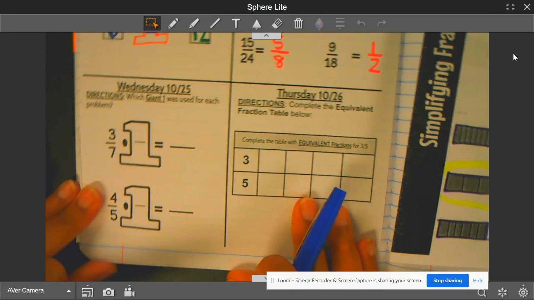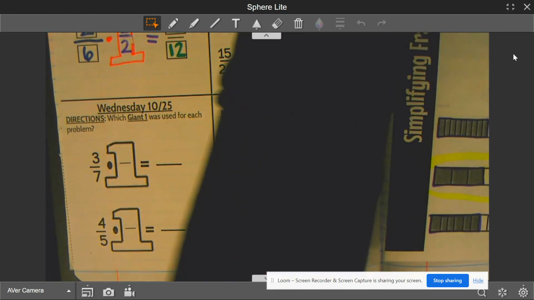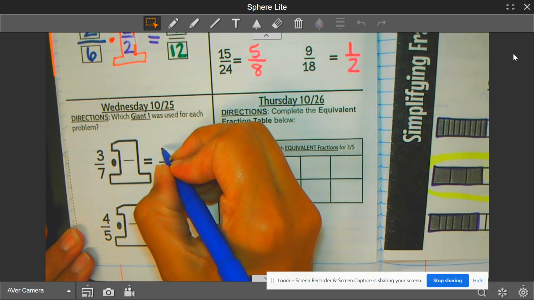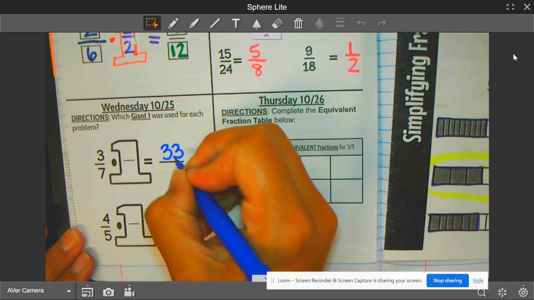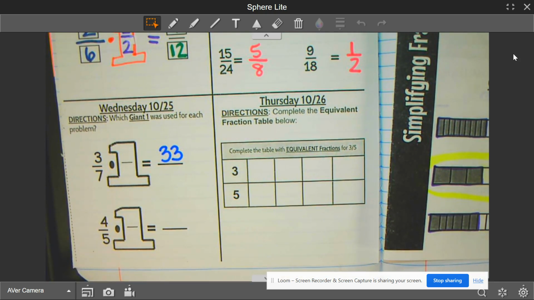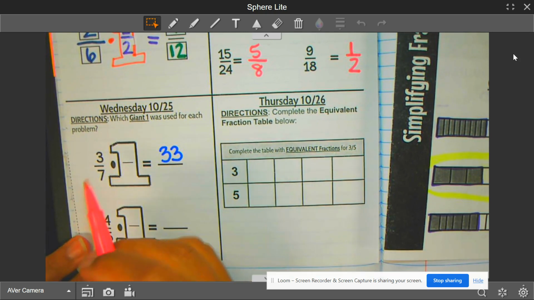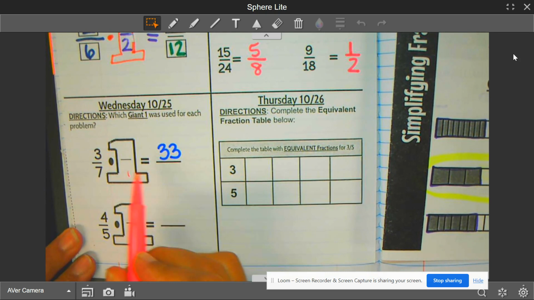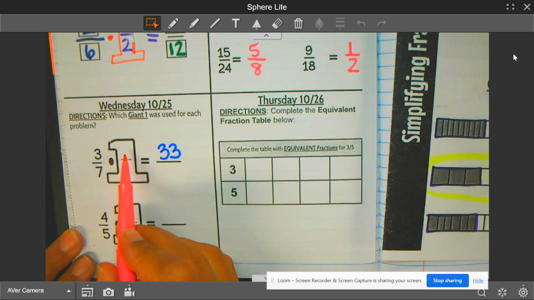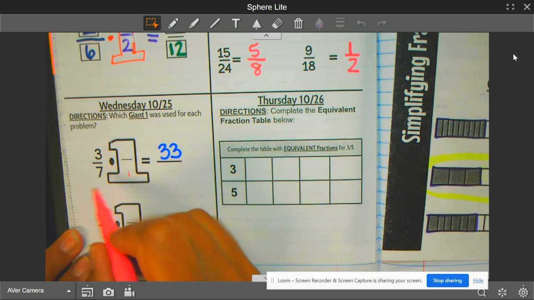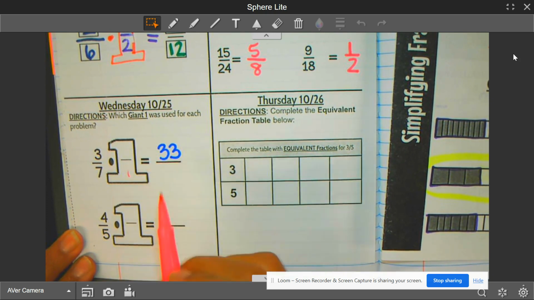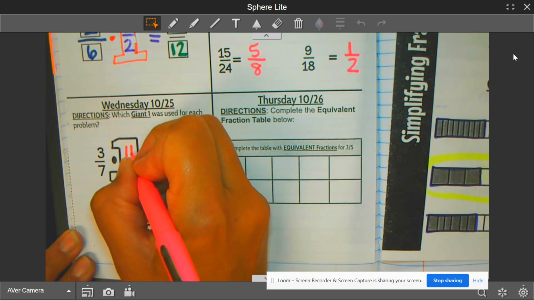First I want to fill in the top number here. You were asked to fill it in with the number 33. Very good. Multiplying by a giant 1 to create an equivalent fraction: remember, a giant 1 has the same numerator and denominator. So I ask myself, 3 times what number equals 33? Yes, that would be 11.